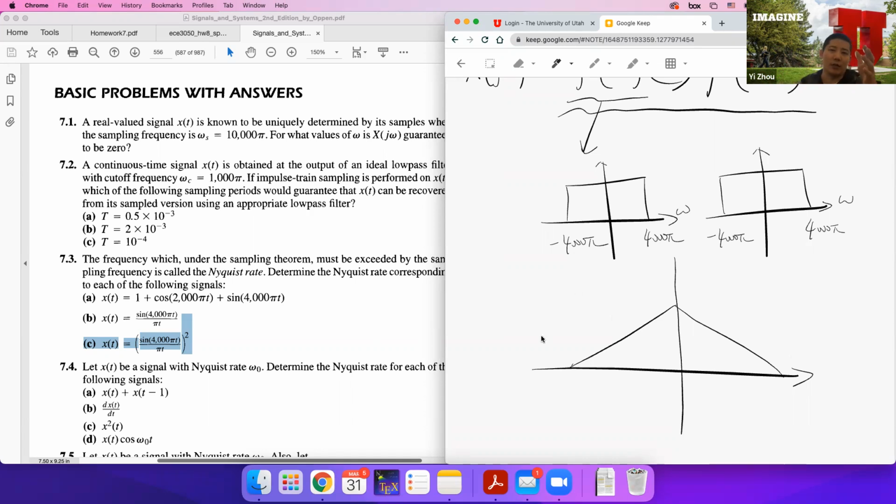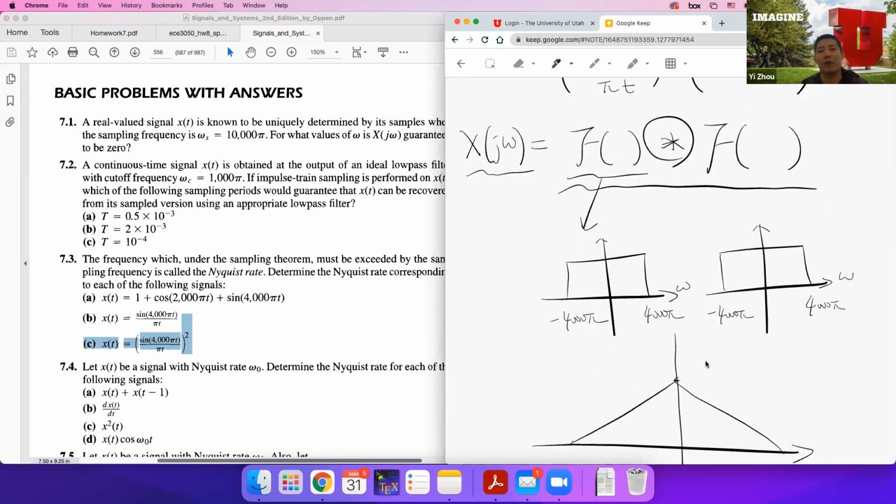At the beginning the overlapping area is increasing; at some point they perfectly overlap and you reach the maximum. After that, if you keep moving to the right, the overlapping area decreases. So the convolution is such a triangle. This is X(j omega).